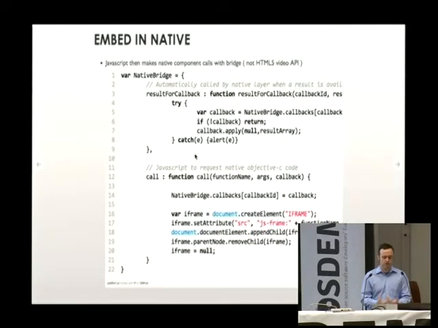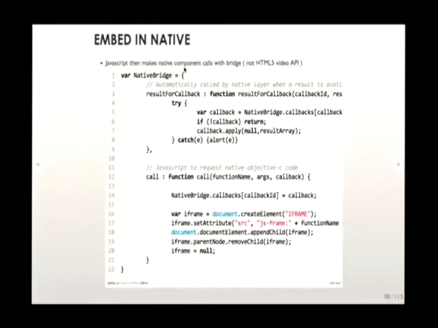When the JavaScript actually goes to communicate with the native component, it's going to call the native bridge as opposed to the HTML5 API. This is just some example code. If you've worked with Cordova or any of the HTML5 packaging tools, it'll look somewhat familiar.